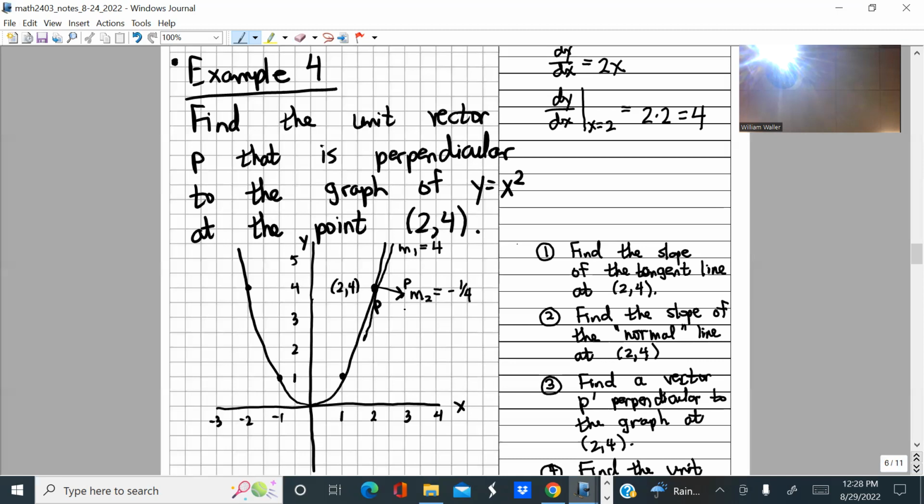If you have a vector, how can you turn it into a unit vector? How can I make it?